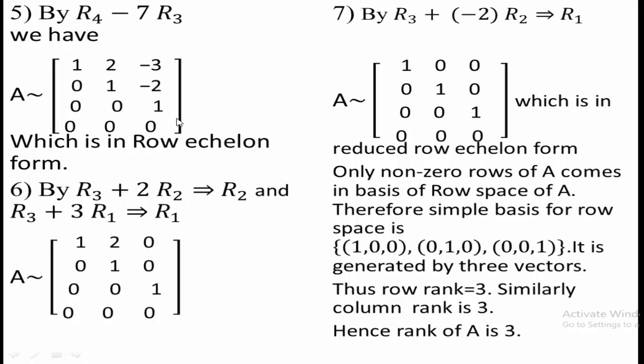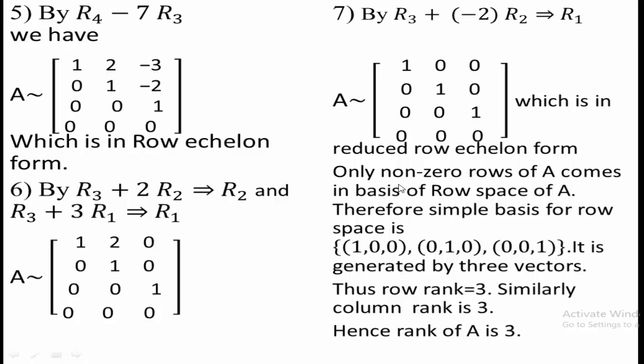Similarly, R3 plus 3 R1, multiplying by minus 3 plus 3 and adding, we will get this matrix. And at the last we have to bring 0 here, so multiplying the second row by minus 2 and adding to the first row, we will get 0, which is in reduced row echelon form.